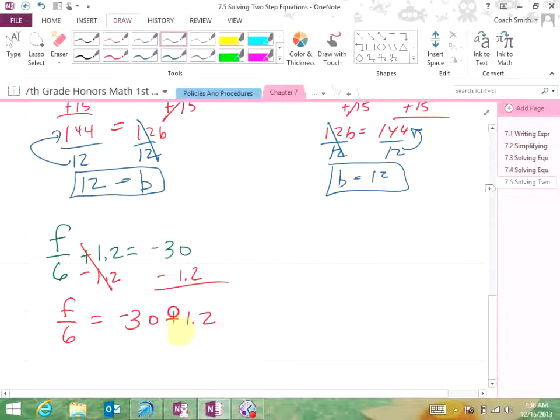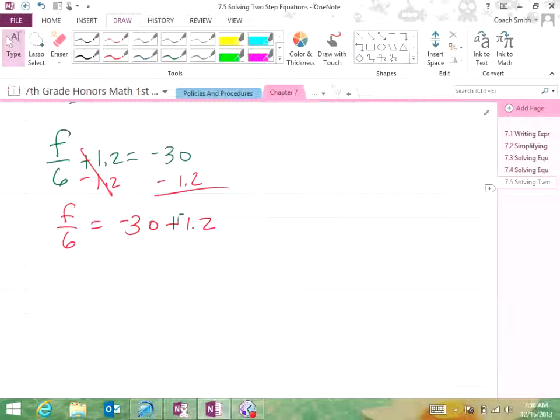Once again, plus a negative. That means I'm going to add, because I have two negatives, I'm going to add the two numbers together. That's going to give me f over 6 equals negative 31.2, because you add the two together when you have two negatives.